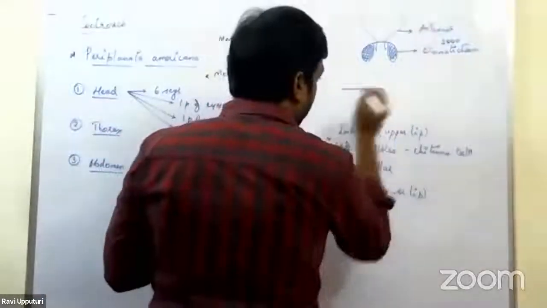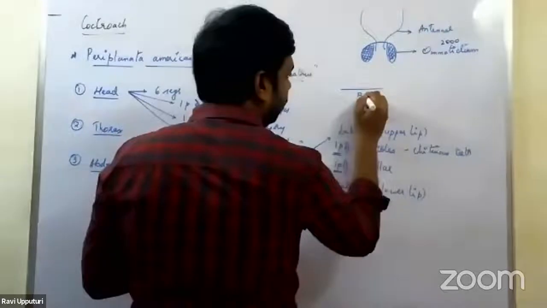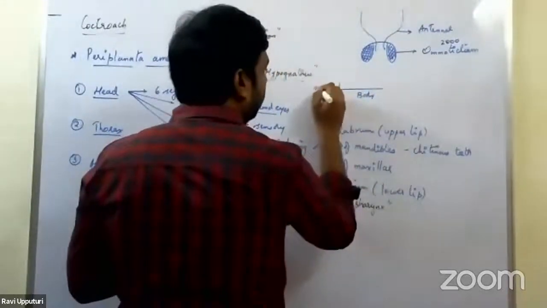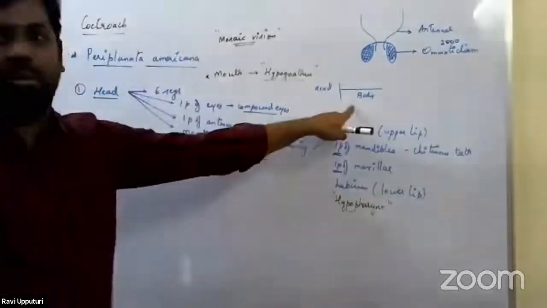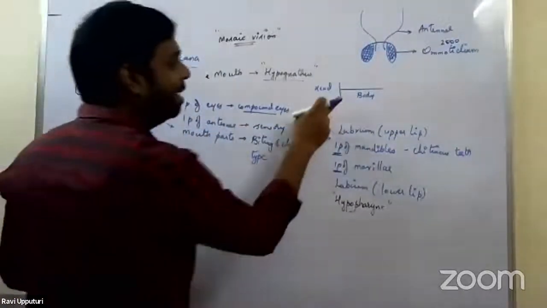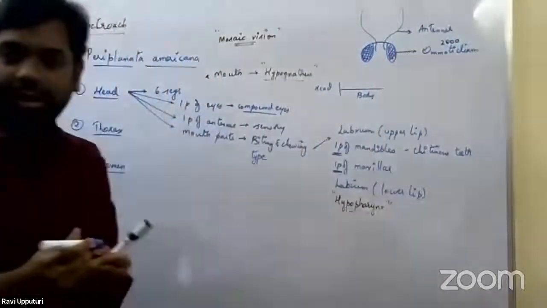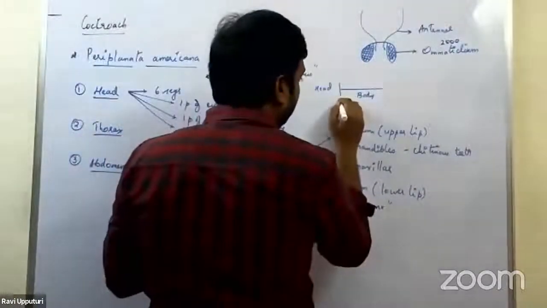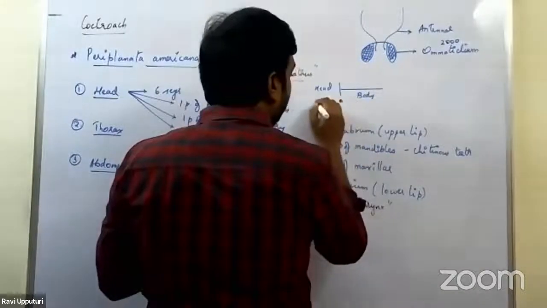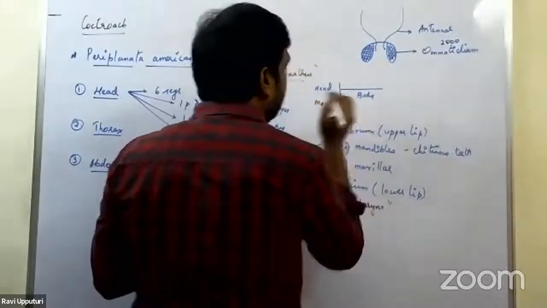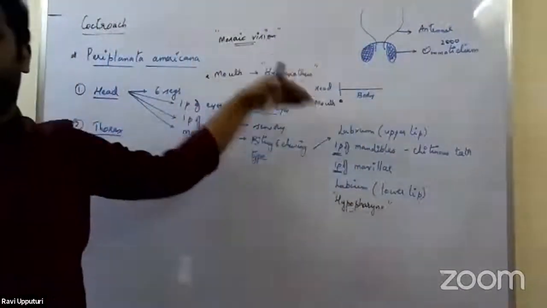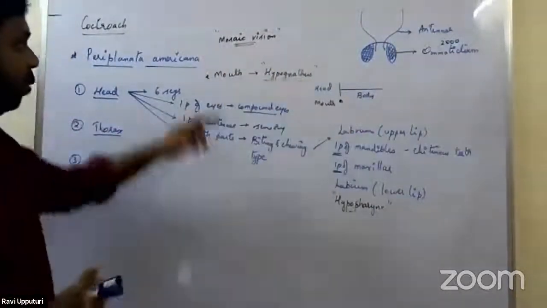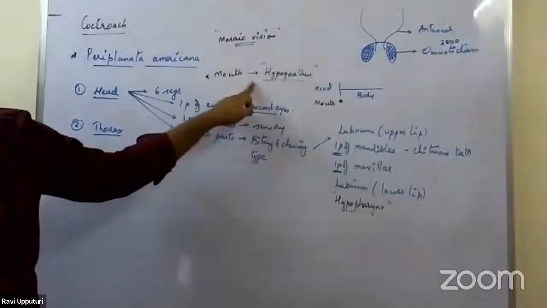If this is the body of this organism, the head is at right angles to the body, and right below the head, the mouth is present. This mouth, present right below the head, which is at right angles to the body, we call a hypognathous mouth.